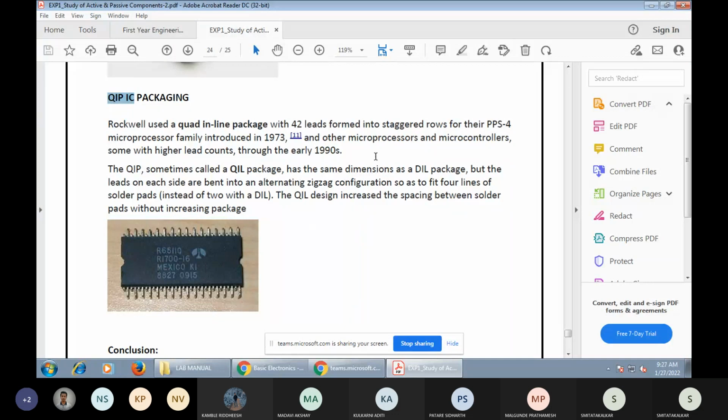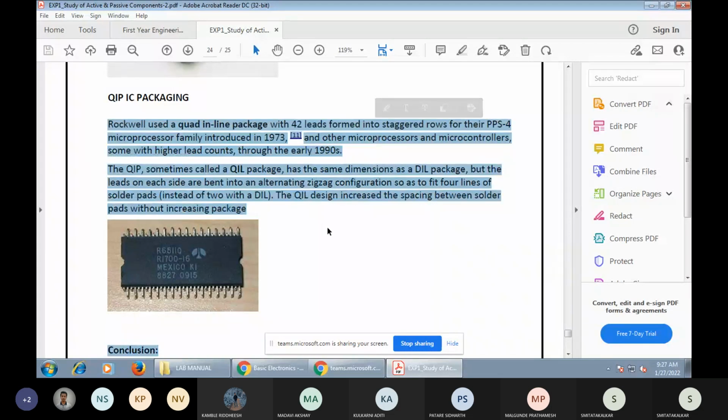That type of package is used in the formation of microprocessors and microcontrollers with higher pin counts. Dual input packages you can use for a controller for controlling the whole circuitry.